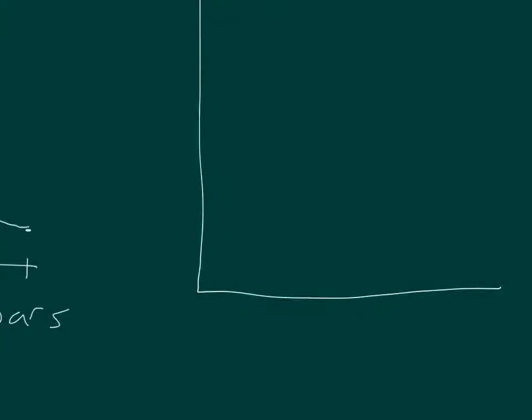Let's look at how high an object is. Say I drop an object from 10 feet high, and this will be time. Apparently I can't write. Let's try that again.